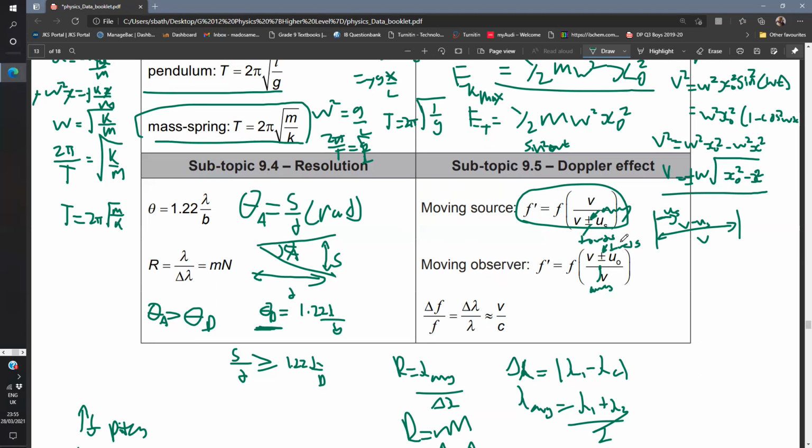And so basically the way we derive this formula is by saying that lambda is equal to v over f, and then f is equal to v over that.